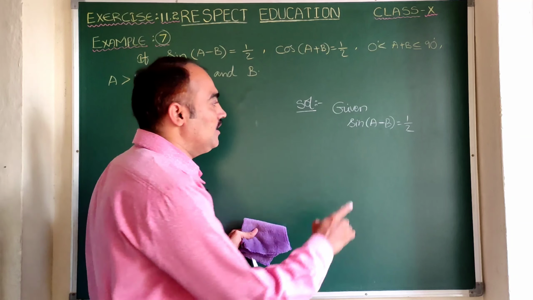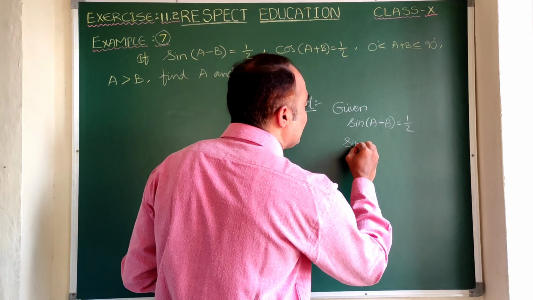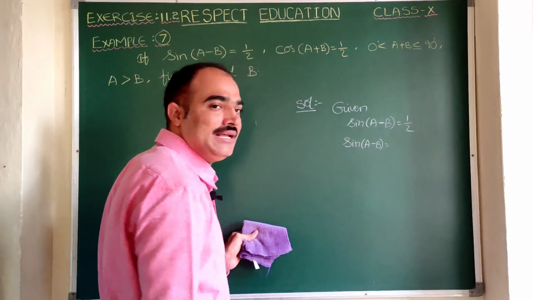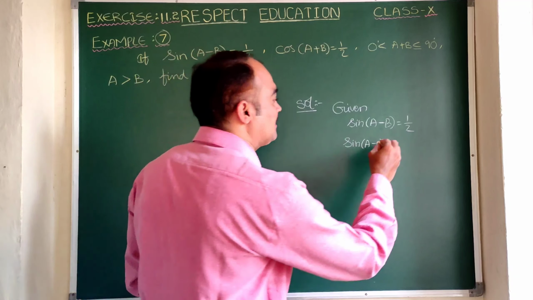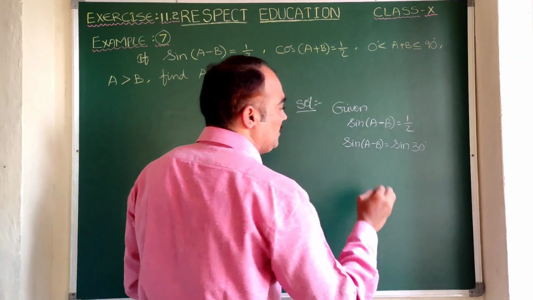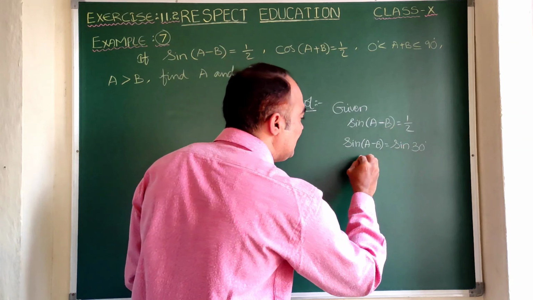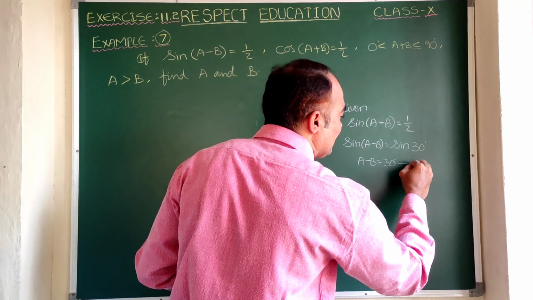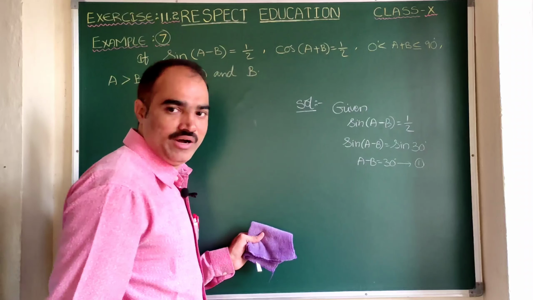Sin 30 degrees. So 1 by 2 can be written as sin 30 degrees. Just assume that sin and sin get cancelled. So a minus b is equal to 30 degrees. Let us take it as equation number 1.